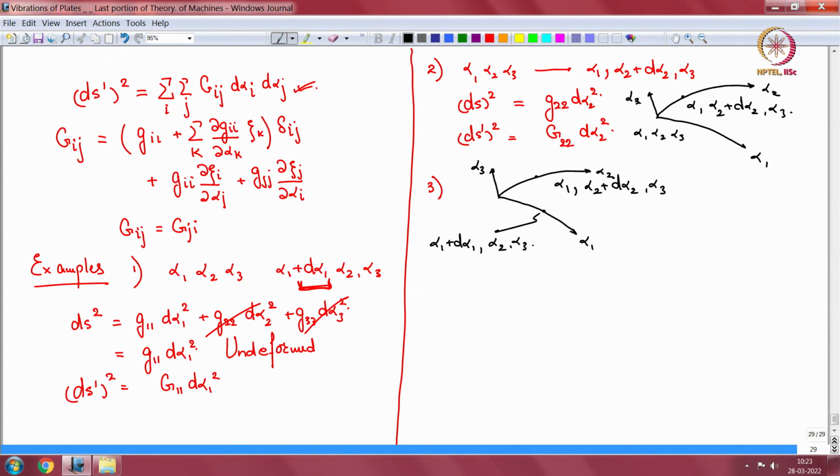What is the distance between these 2 points? And then what is the deformed distance?